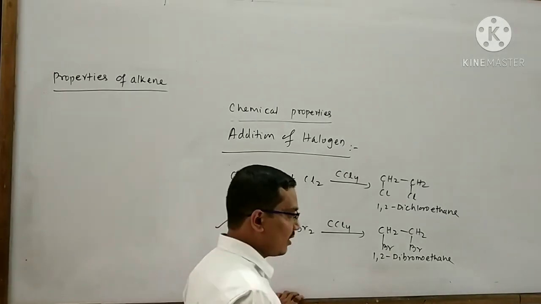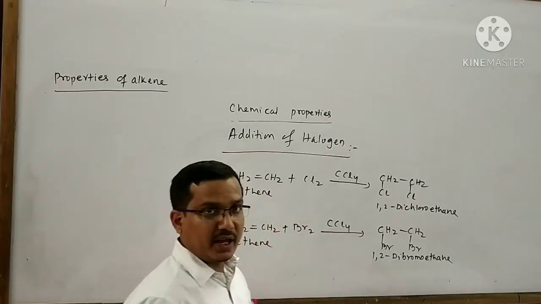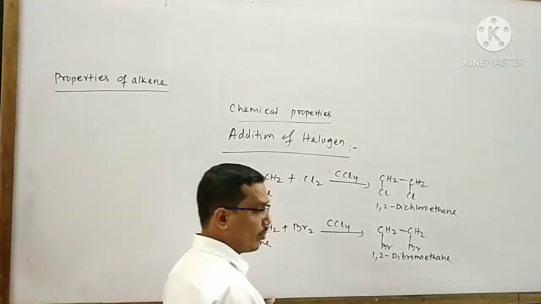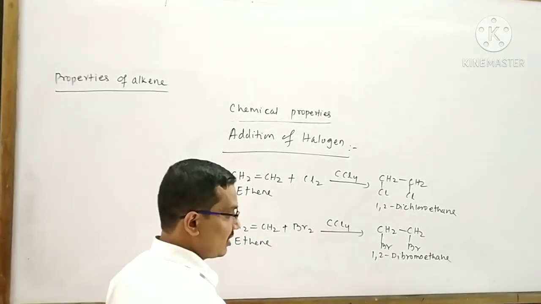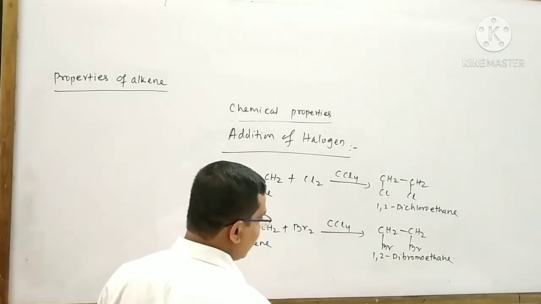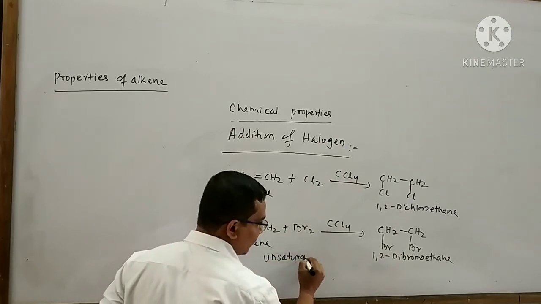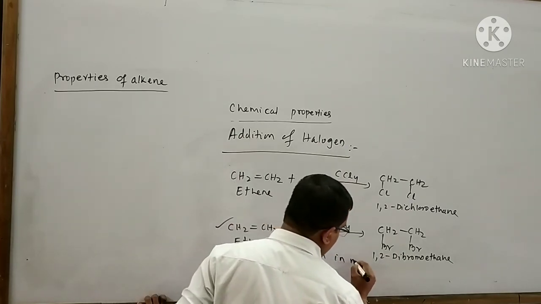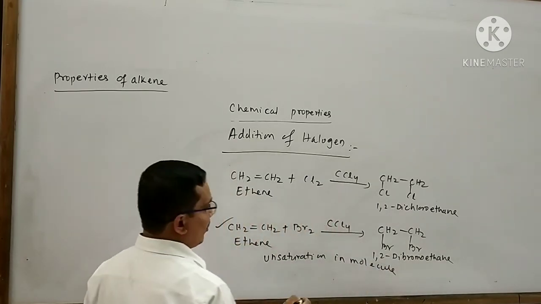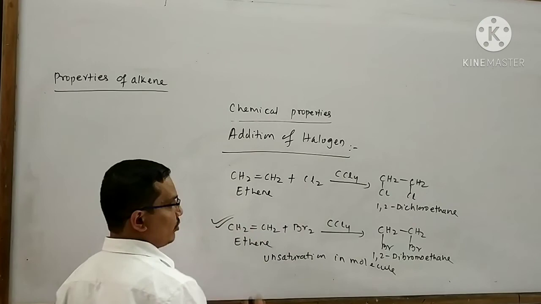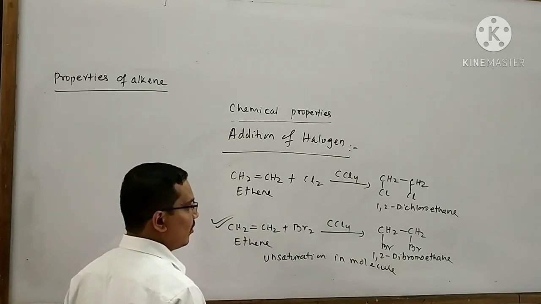I can write a statement for this reaction like this. When an alkene reacts with bromine water, then the brown color of bromine gets rapidly discharged. So this test is used to detect the presence of unsaturation in a molecule. Remember an important point, this reaction is used for identification of unsaturation in a molecule.